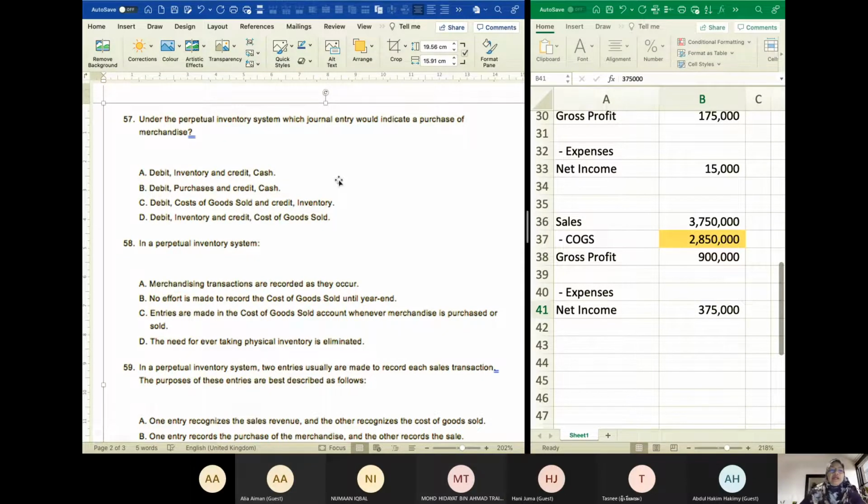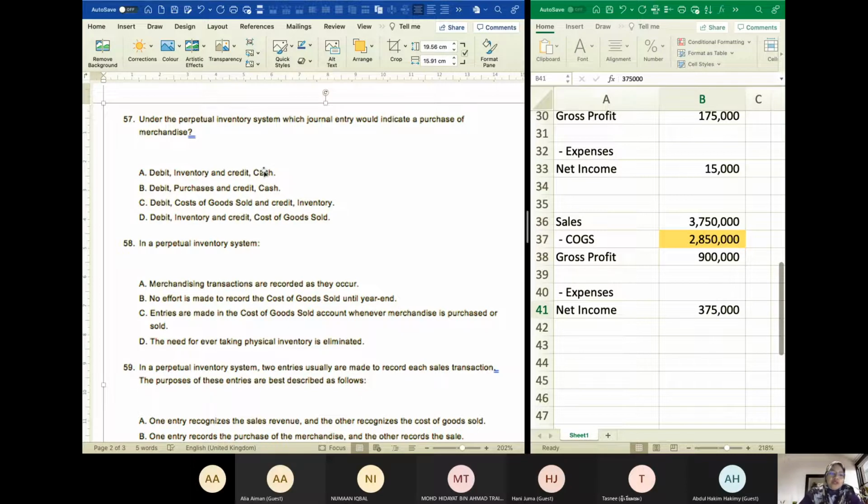You may not remember. Purchases here is under periodic. So when you have a periodic system, you debit purchases, credit cash. But under perpetual, you debit your inventory and credit your cash. Can you remember that?